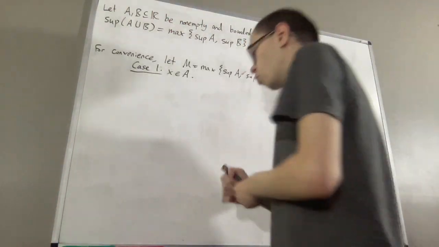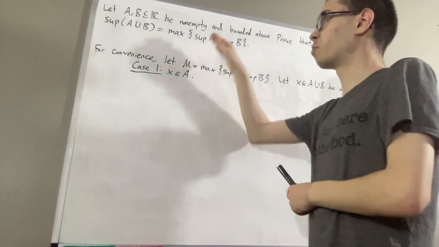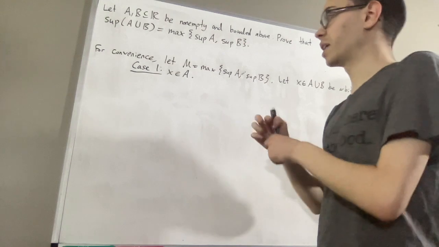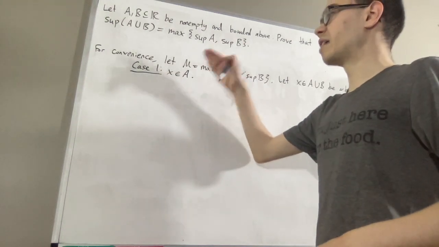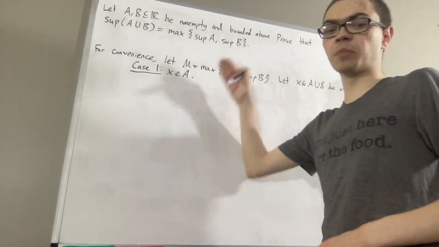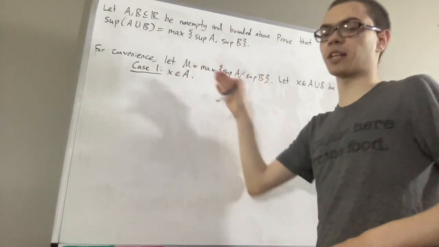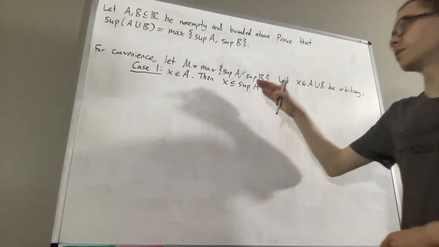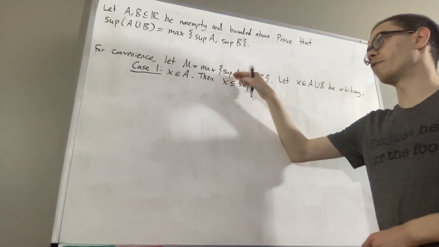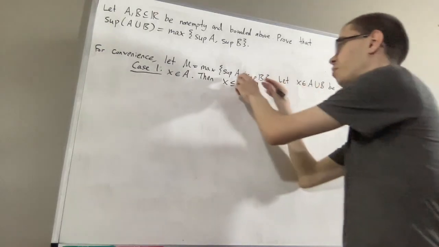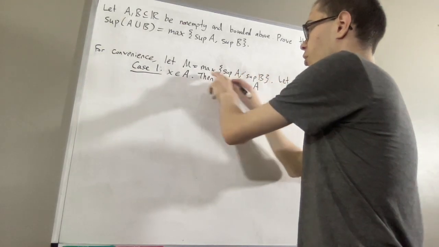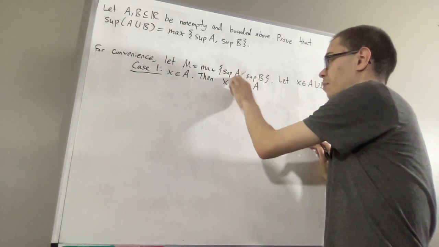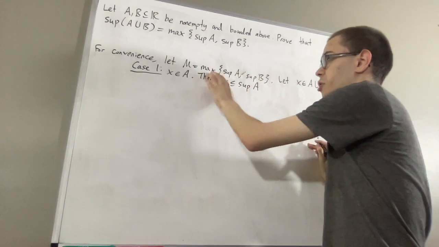Now here, we're going to use the fact that the supremum of A is an upper bound of A. So every element of A is less than or equal to the supremum of A. So in particular, x is less than or equal to the supremum of A. But since M is the maximum of the supremum of A and supremum of B, we know that both the supremum of A and the supremum of B are less than or equal to M. Basically, they are elements of the set, so they must be less than or equal to the largest element of the set.